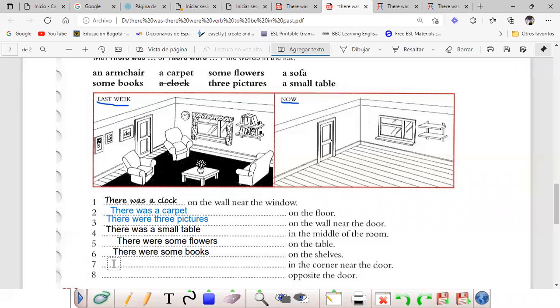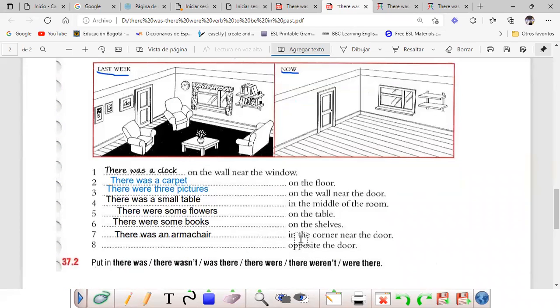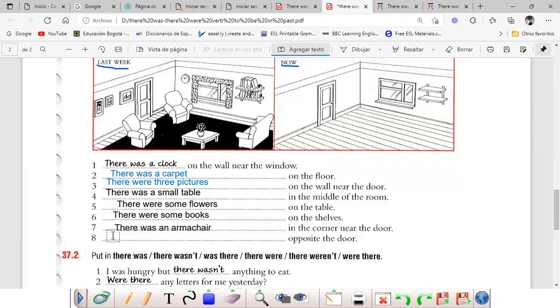Mauricio: there was an armchair in the corner near the door. Perfect. Very good. And number 8.